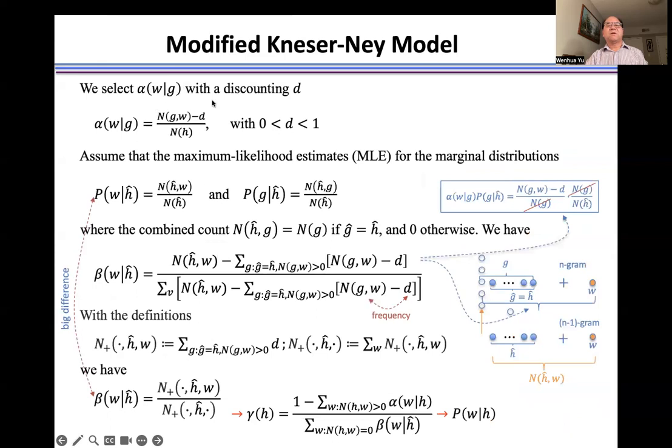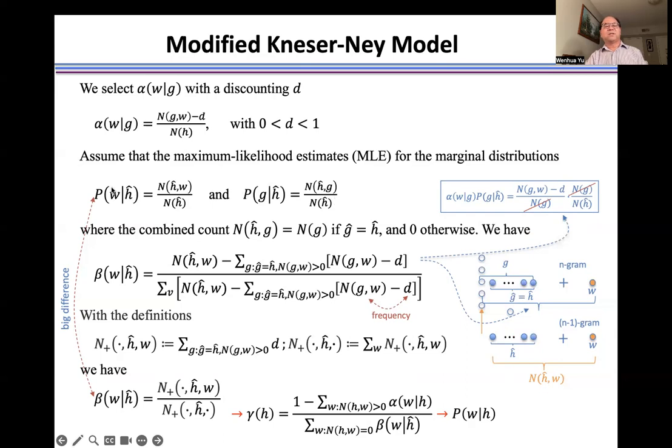We select alpha with discounting factor D. So this alpha is in this formulation. Assume maximum likelihood estimate for marginal distributions. And then we get this probability of n-1 gram language model in this normalized formulation, and this P in this normalized formulation.